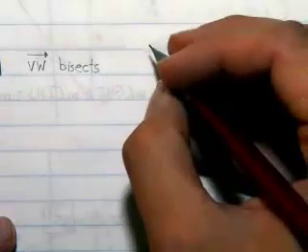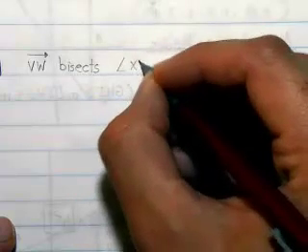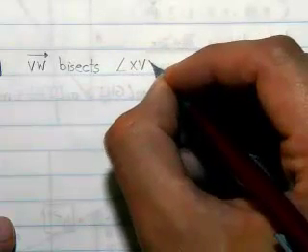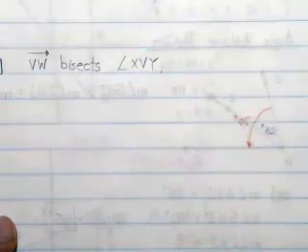So let's say ray VW bisects angle XVY. All right, and then I'll draw a picture to go with that.